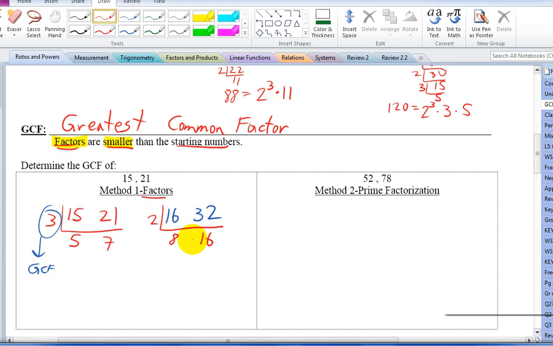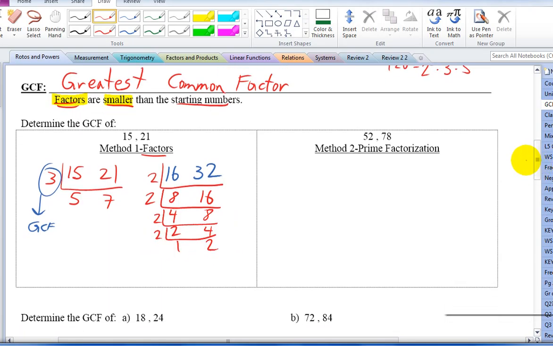Okay, divide it both by 2, and we get 4 and 8. Divide by 2, we get 2 and 4. Divide by 2, and we get 1 and 2. So for this example, these numbers on the side are your GCF. We ignore the bottom.